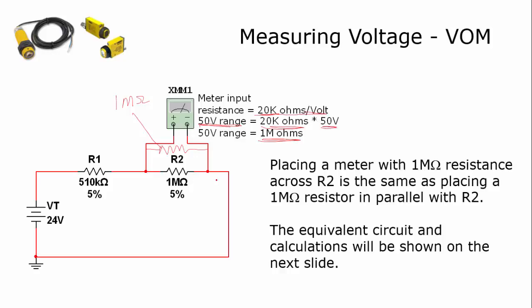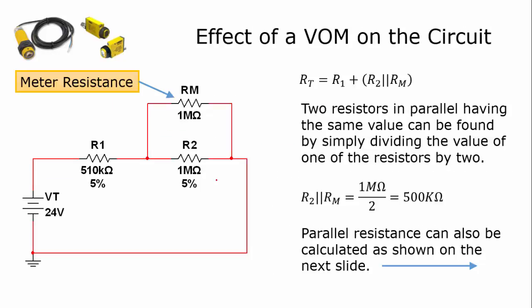So let's look at the equivalent circuit. This is the equivalent circuit, where this right here is the meter resistance, Rm. So I have Rm in parallel with R2. These two resistors are in parallel with each other. Since I have two resistors in parallel, and again I don't care about this 5% for this exercise, my total resistance of this circuit changed.